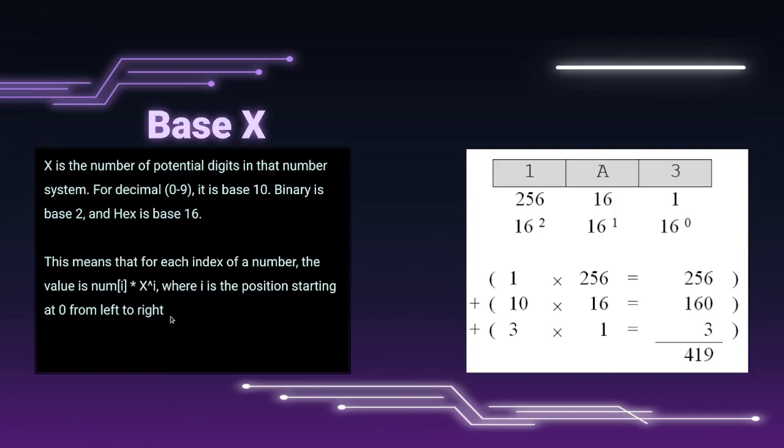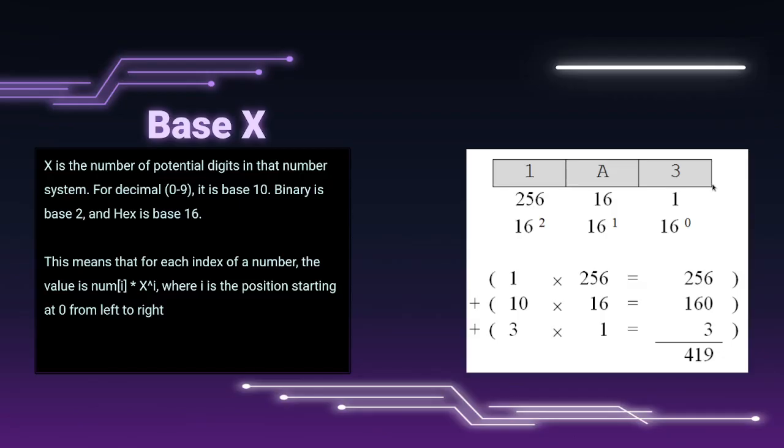But essentially the value of each digit is going to be num_i times x to the i, where i is the position starting from 0 and x is the base. It sounds kind of like a messy formula, but for instance right here, this is 3, right? So our position is 0 in this case.